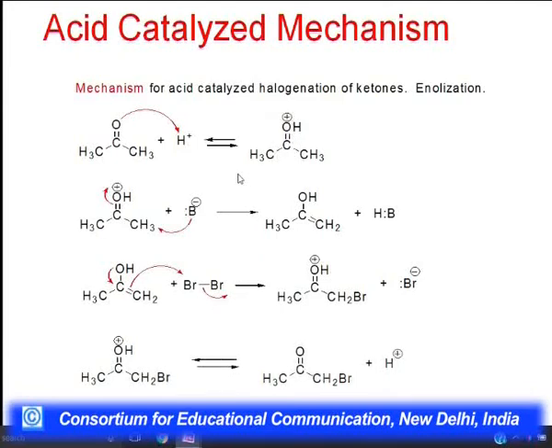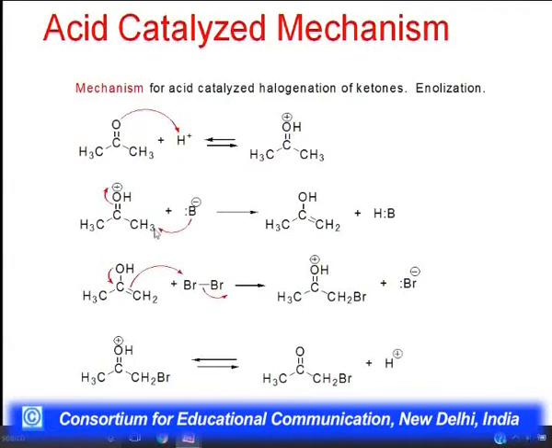Now in the next reaction, because this oxygen has a positive charge, it will pull the electrons towards itself, as a result of which this carbon will now pull electrons from the alpha carbon, making this hydrogen acidic in nature.